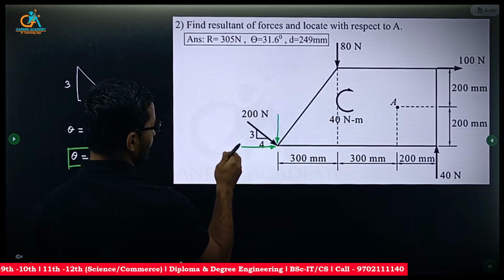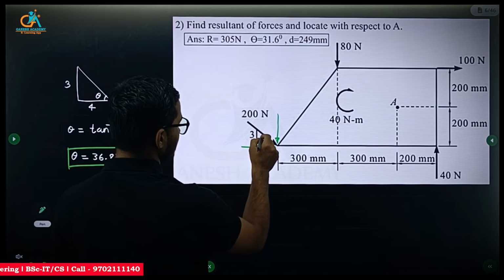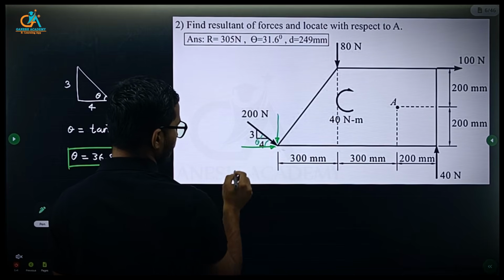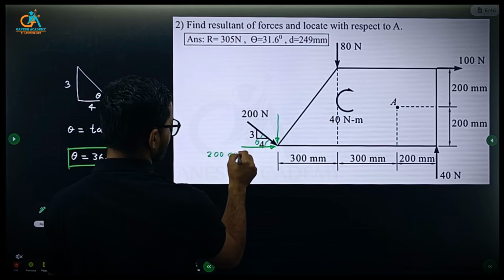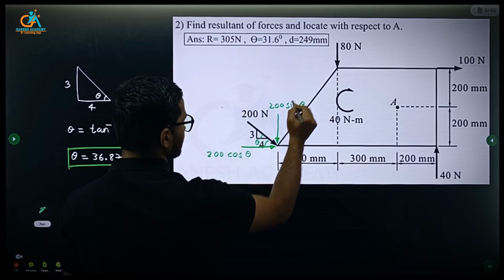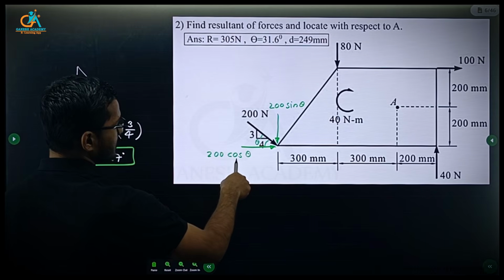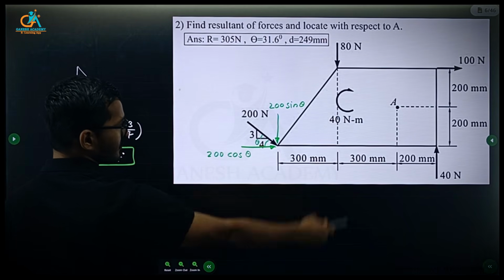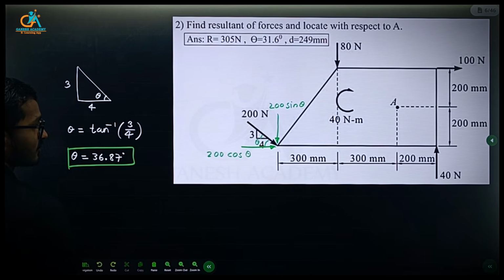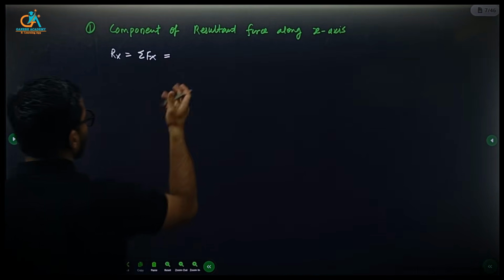If the angle with horizontal is theta, these are going to be 200 cos theta and 200 sin theta, right? So we have 200 cos theta towards right, so positive, and 100 Newton towards right, so positive. Only two forces are acting in the horizontal direction.